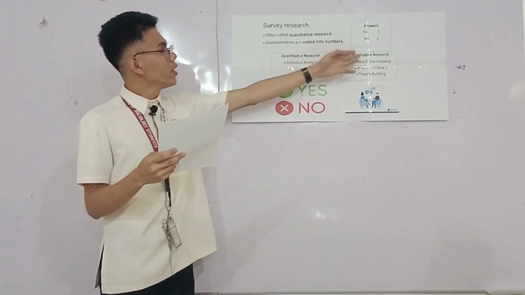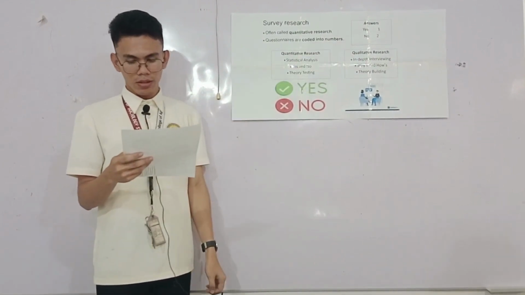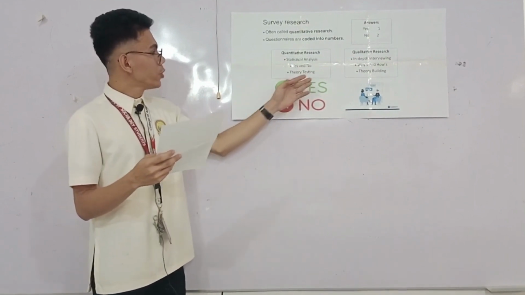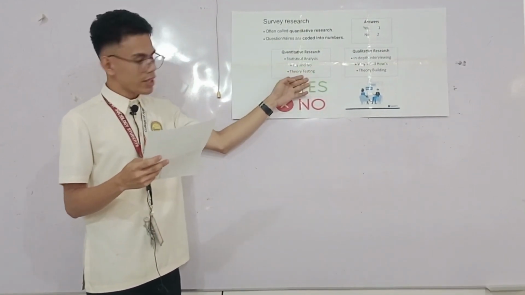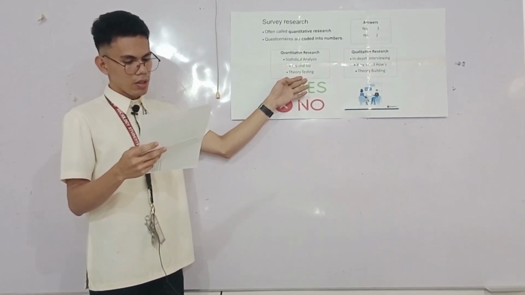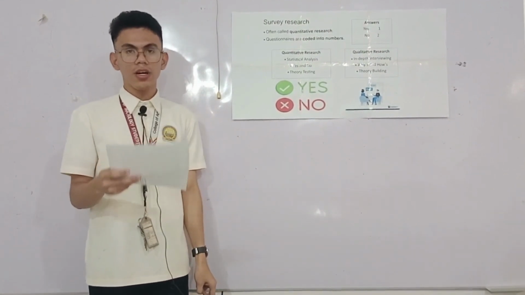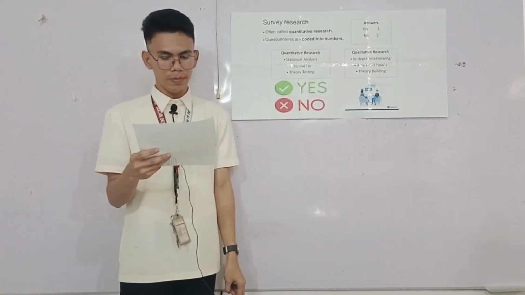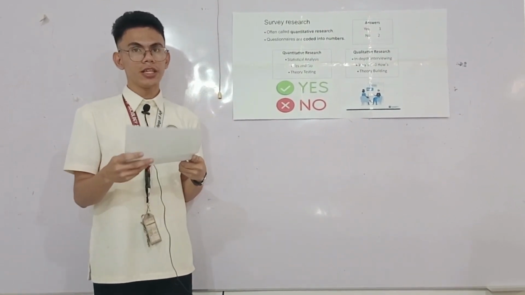Both quantitative and qualitative research have their strengths and weaknesses. For example, theory building is done in qualitative research while theory testing is done with quantitative research. So, from that, we can conclude that both research methods are applicable to the medical field. Again, what is the difference between qualitative and quantitative research?